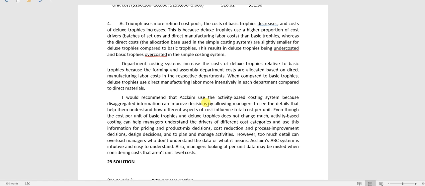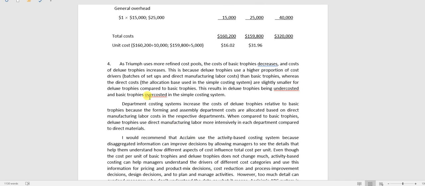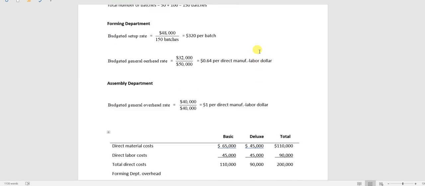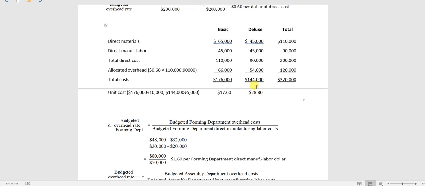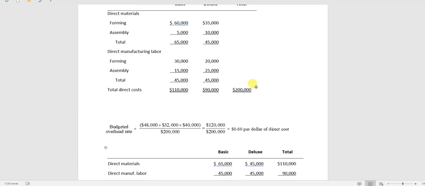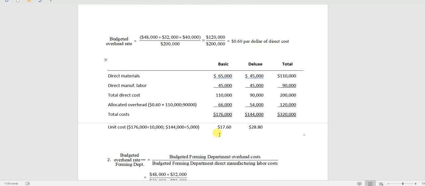Activity-based costing, you would not use it if these came up to very, very similar. So let's compare them. We have 1602 and 3196. But if you go back to the very first one, it was 17 compared to 28. Okay, so is that worth it? We had 16.